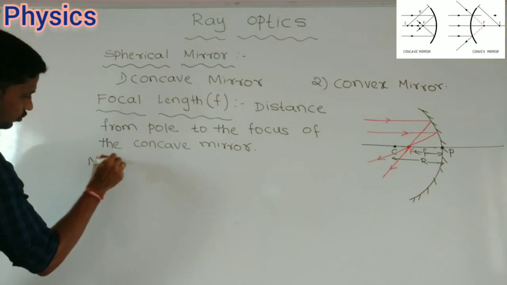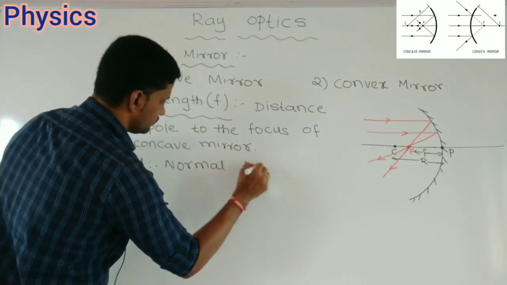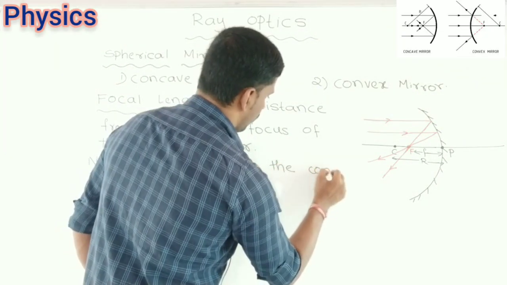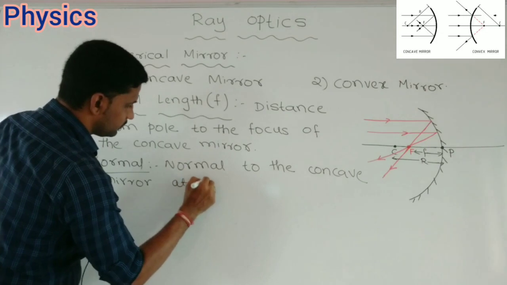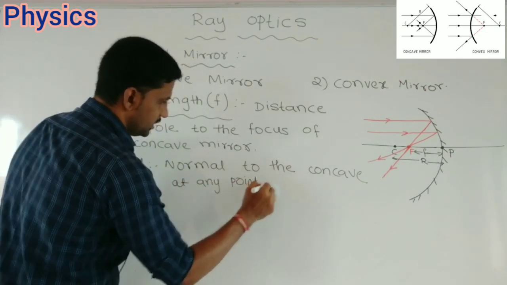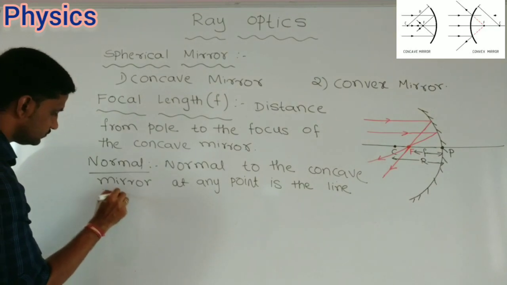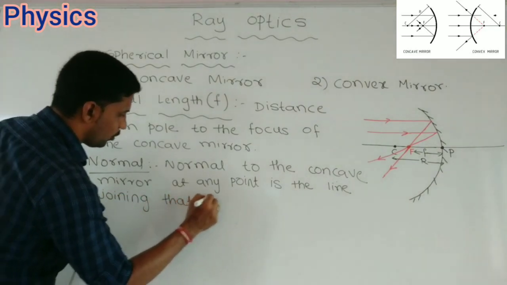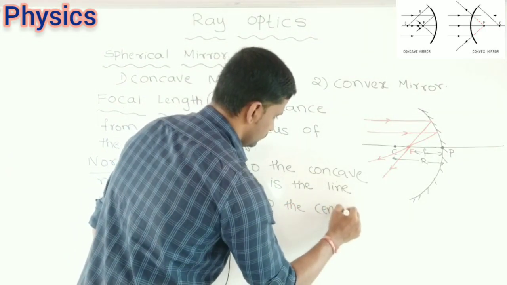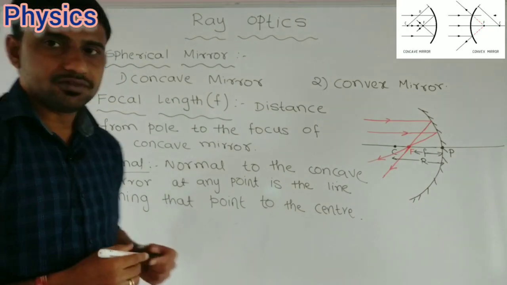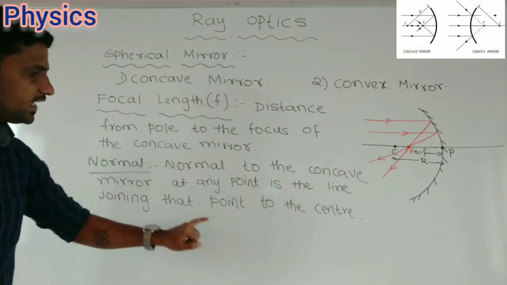The normal to the concave mirror at any point is the line joining that point to the center. Then it is called the normal of the concave mirror. So the normal to the concave mirror at any point is the line joining that point to the center.